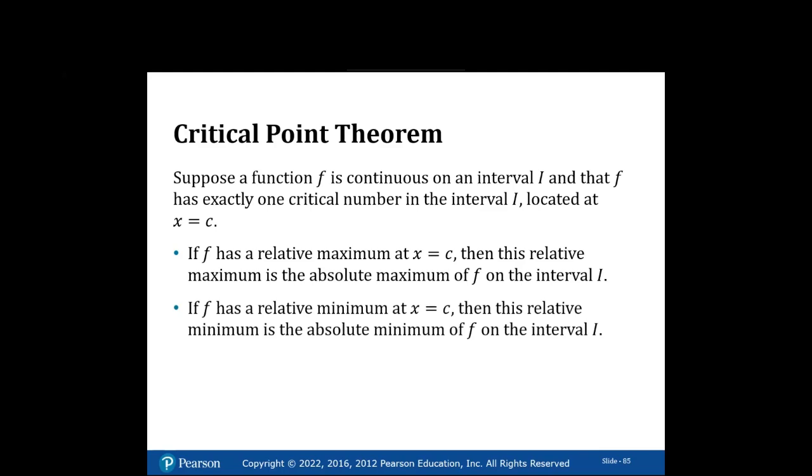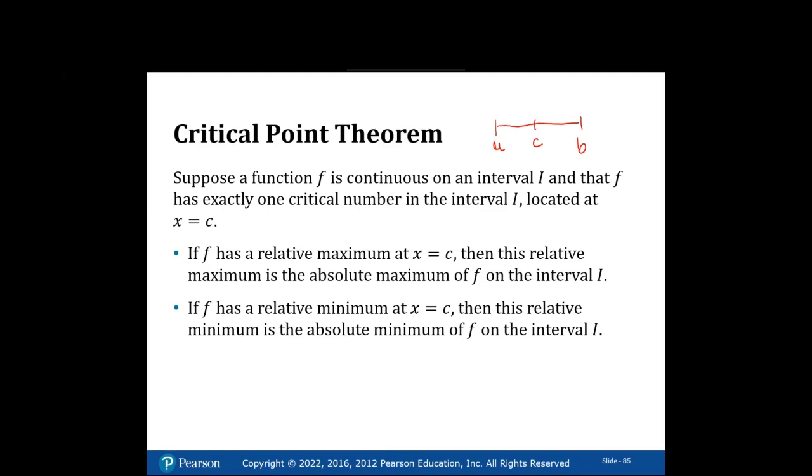Well, that's because we're picking an interval, right? I'm choosing some interval from a to b, just say. Okay, here's my c, it's in there. And we're requiring that f is continuous on that interval, and there's only one critical number, only one. So there's only one spot where the derivative is either 0 or undefined.